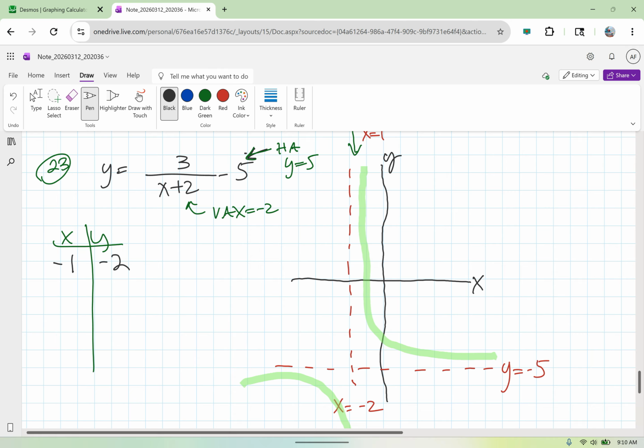So another good point is here, and we can put that in. -1, -2. Good guesstimate. All right, we can enter 0. What happens when x is 0? Well, that makes it harder. I don't want to deal with fractions when I don't have to.